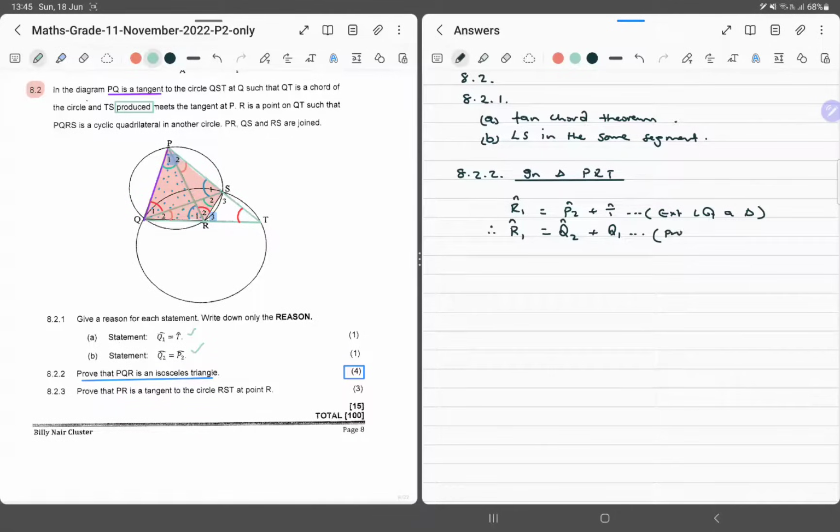We can say it is proved that angle P2 is equal to angle Q2 and angle T is equal to angle Q1. That is in 8 point some change. You can answer that question.